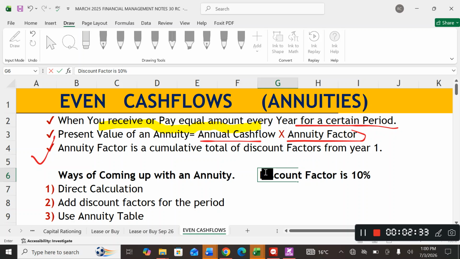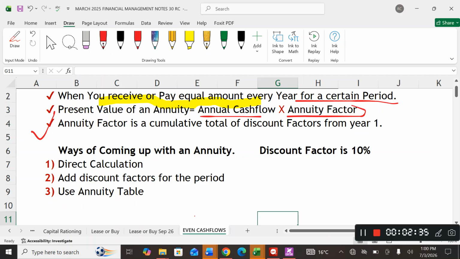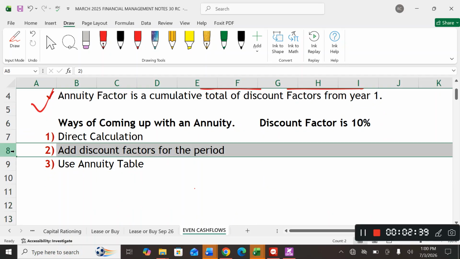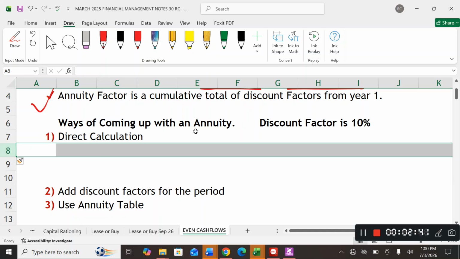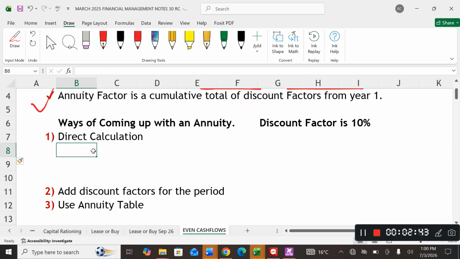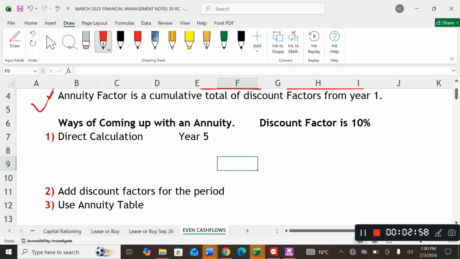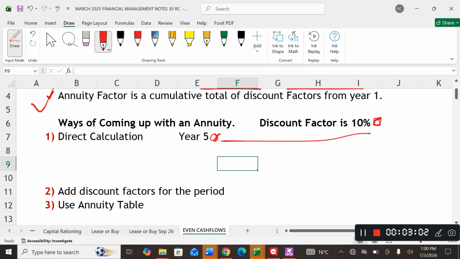So we are going to move with the 10% and see how to come up with the annuity factor. I'm going to look at the annuity factor for year 5, at a 10% discount factor.